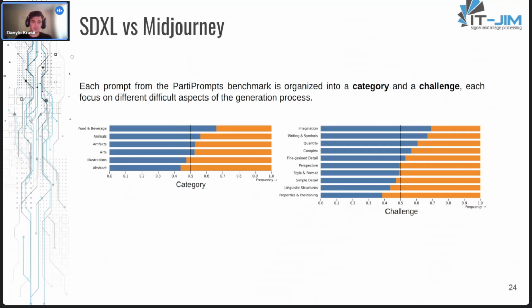By the way, Stable Diffusion is blue, I forgot to mention it. Yeah, they mostly preferred Stable Diffusion XL. And in the challenge benchmark, the users either preferred Stable Diffusion XL, or the results were almost equal between Stable Diffusion and Midjourney, or in 3 categories, they preferred Midjourney more.